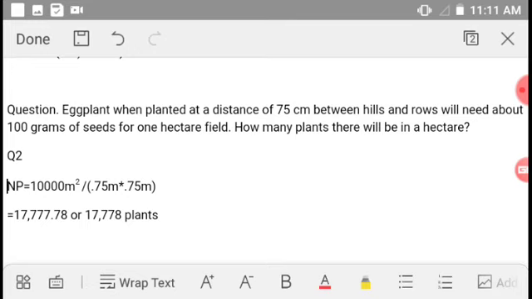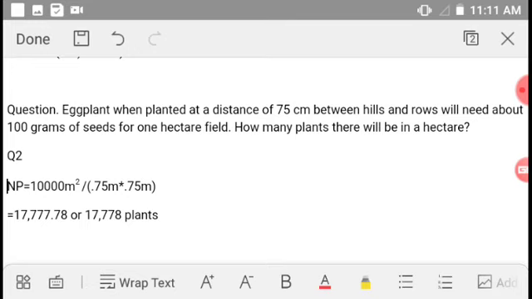Ngayon yung units naman, cm times m, divided by cm. Ka-cancel out na natin yung cm. Maiiwan na lang yung m. 75 times 1, 75.